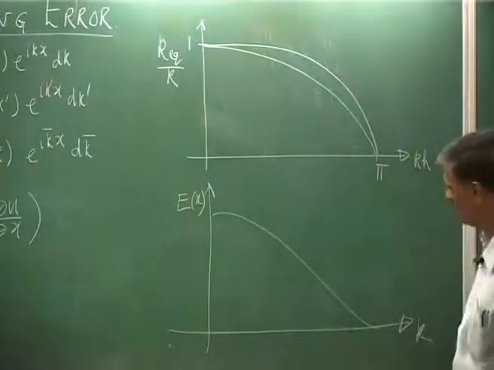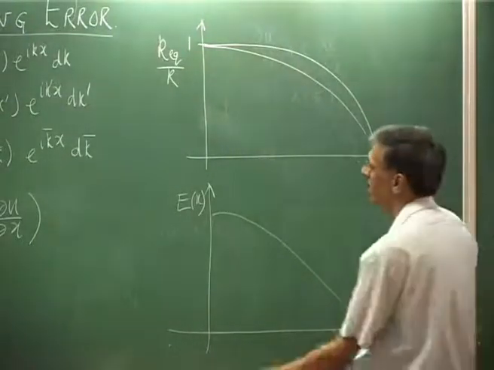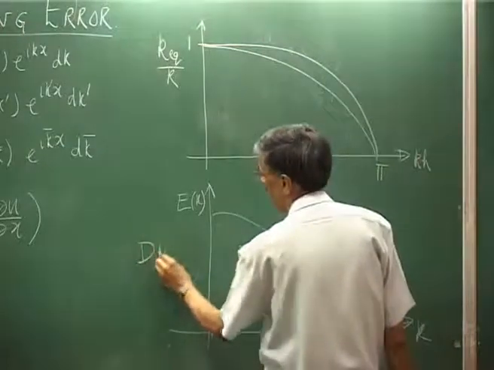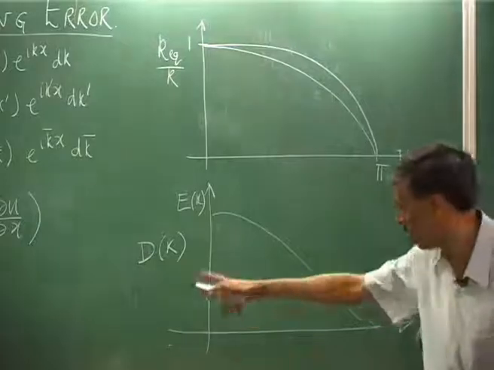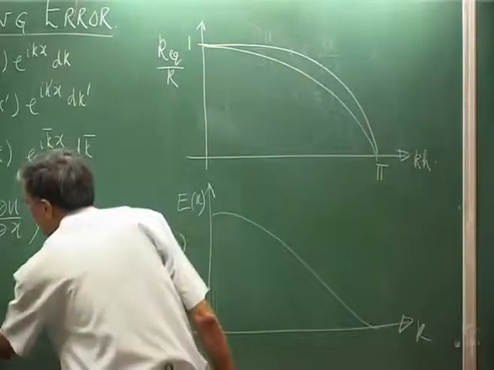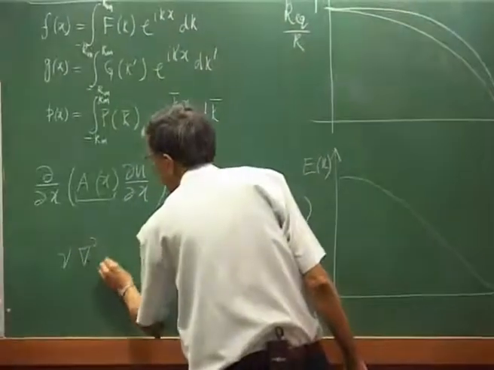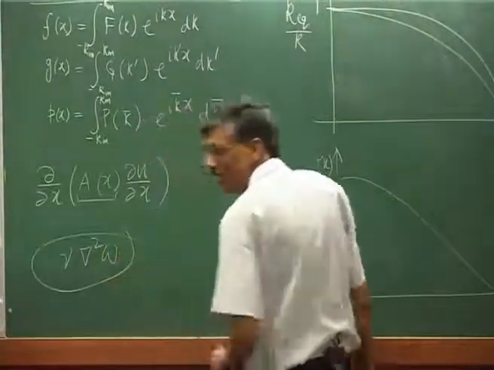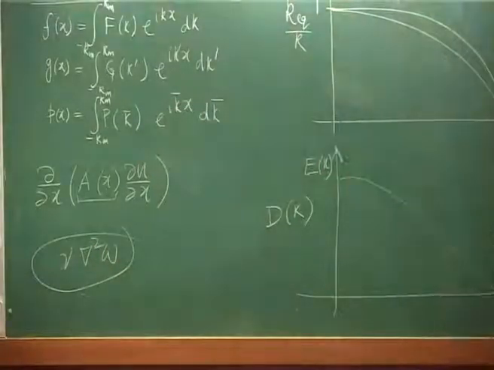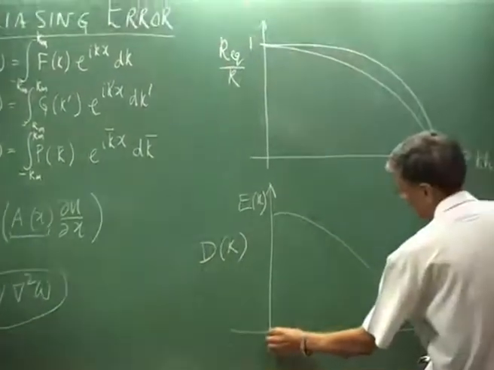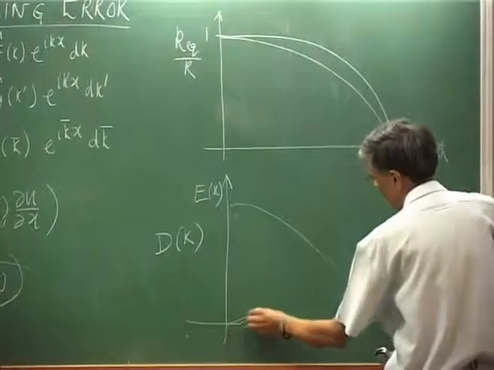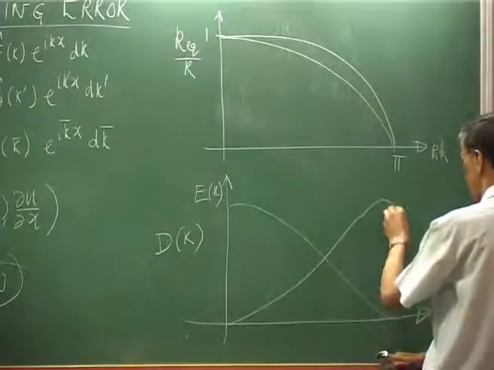However, when you look at the dissipation term in your governing equation, there are dissipation terms like what we wrote there, nu times, recall I wrote this. This is a dissipation term, right? If I plot this dissipation term as a function of k, what I find is that the dissipation term actually happens like this.